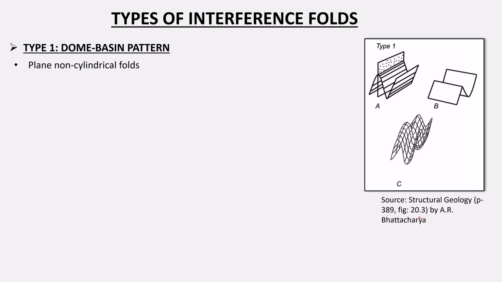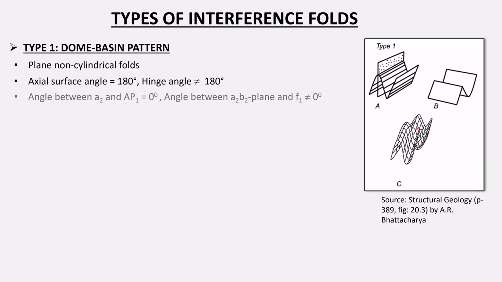The next one is the dome and basin pattern. Basically, they are plane and non-cylindrical folds. As you can see, here is the first generation fold, second generation fold, and the resultant fold. They form a dome and basin type folding. The axial surface angle here is 180 degrees, but the hinge angle is not 180 degrees, as the hinge line is curved.